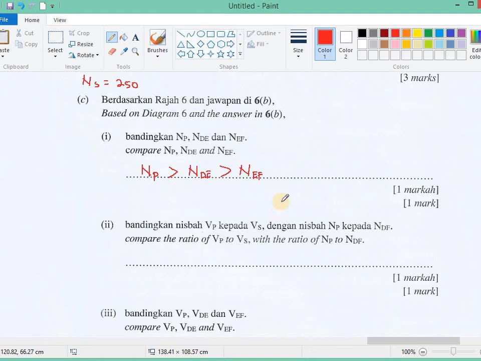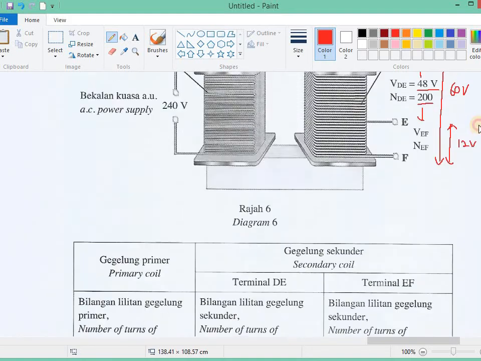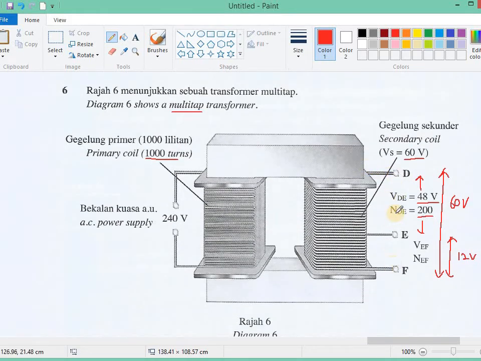And then compare the ratio of voltage in primary to voltage in secondary with the ratio of number of turns in primary to number of turns in DF. DF is the whole secondary.